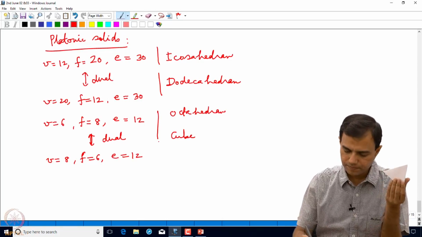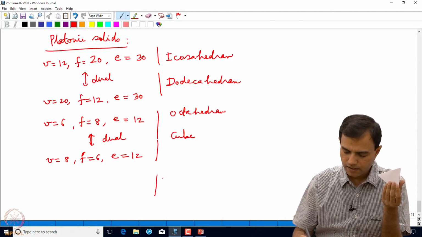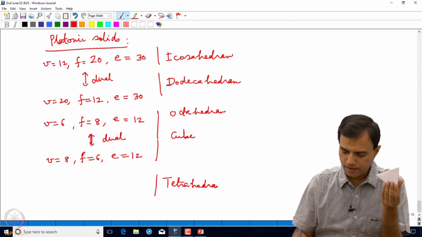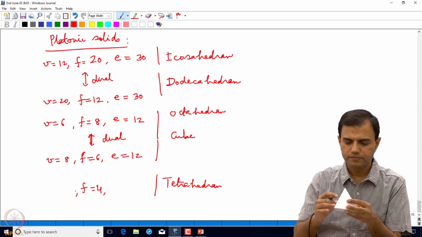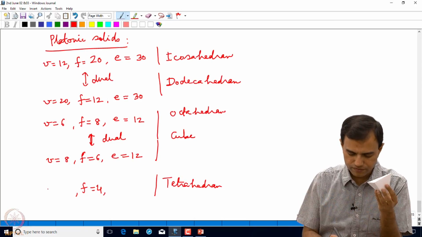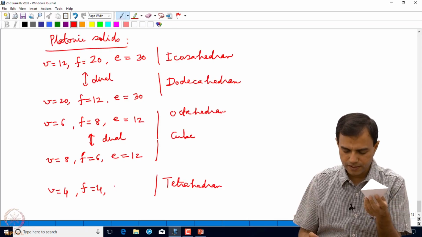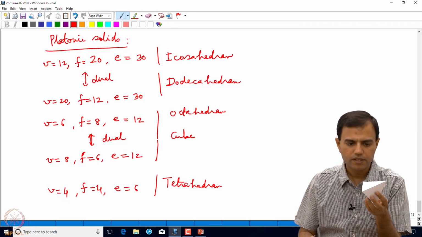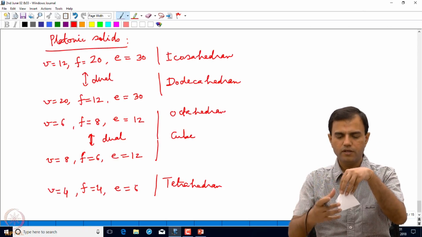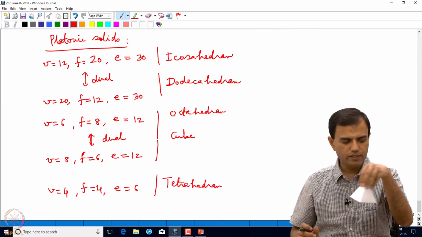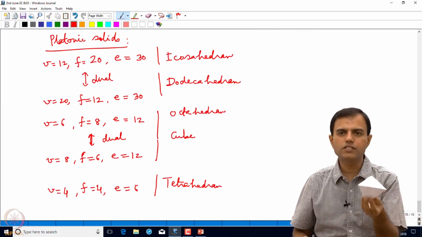And this one, the tetrahedron, has 4 faces, 4 vertices, and 6 edges. 3 here, 3 vertical, 3 in the bottom, 6. And this is dual to itself.